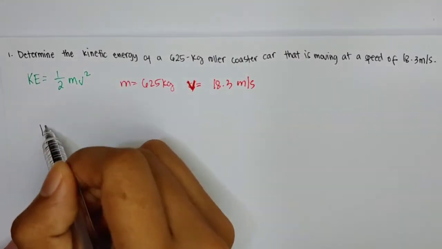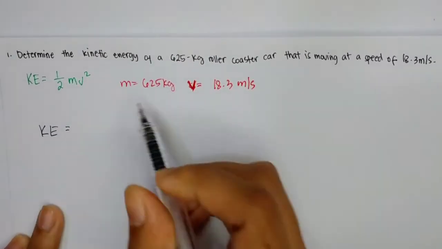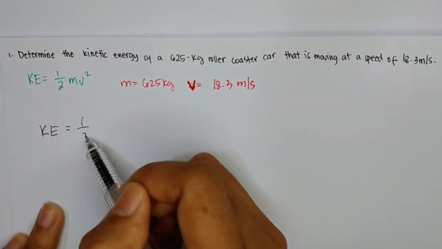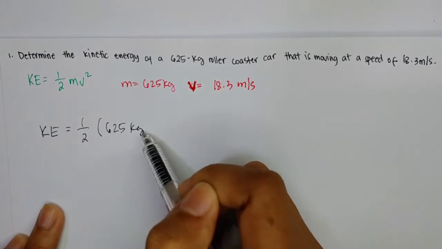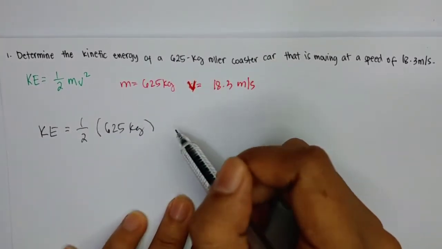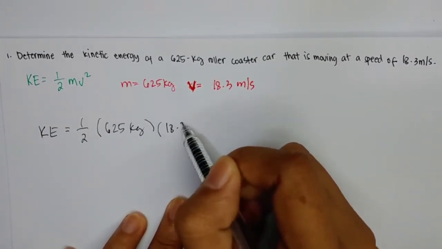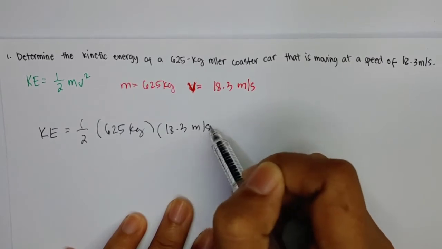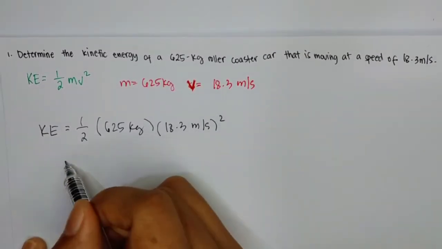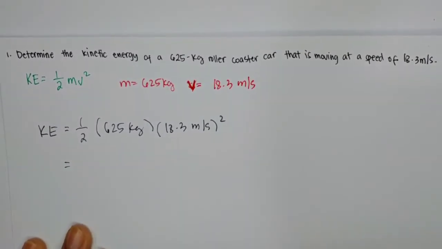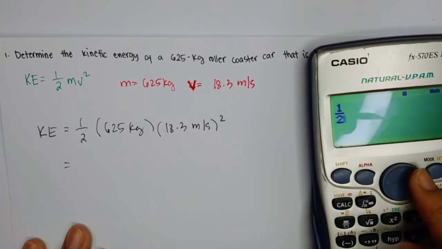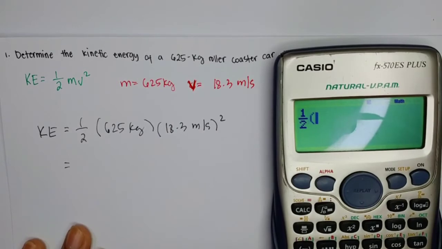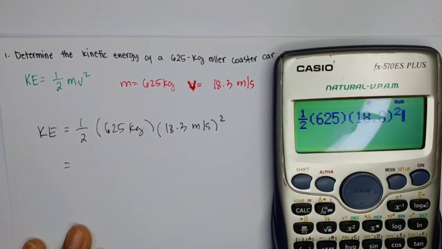Our kinetic energy will be 1/2 times our mass, 625 kilogram, and our speed, 18.3 meter per second quantity squared. So that is 1/2 times 625 times 18.3 squared.